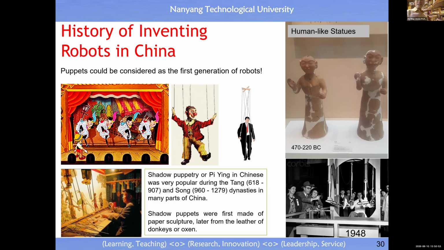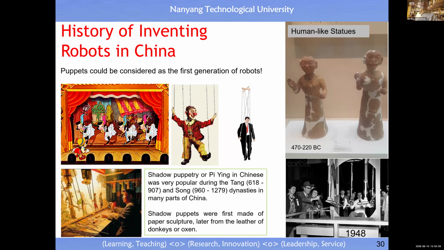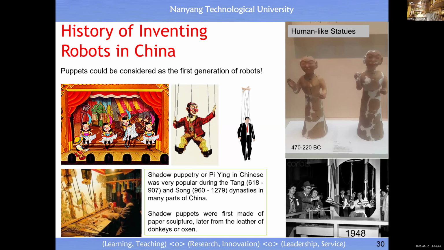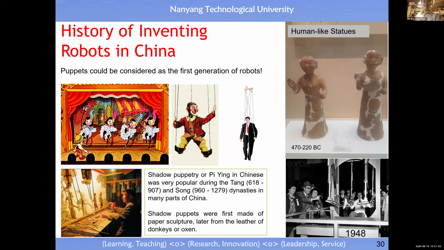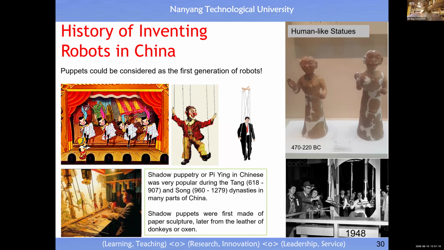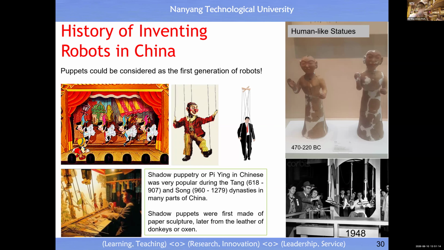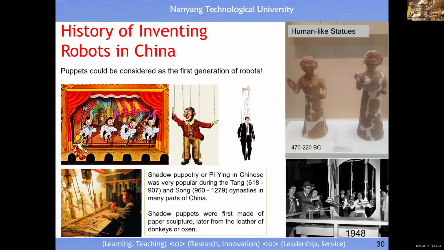In this case, we can push back the history of robotics to around the year 1000 or 900 or 800. That means the history of robotics is much longer than what has been shown in the video. It's just for you to know.